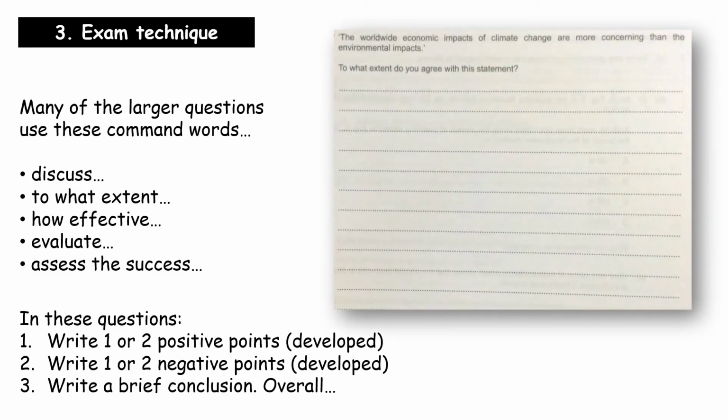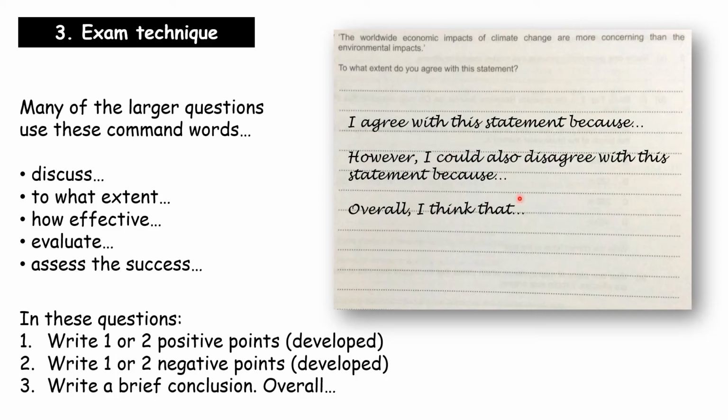So here's another real question. The worldwide economic impacts of climate change are more concerning than the environmental impacts. To what extent do you agree with this statement? So what we need to do is say, yes, we agree with this statement because, so you'd be saying reasons why the economic impacts are more concerning than the environmental impacts.